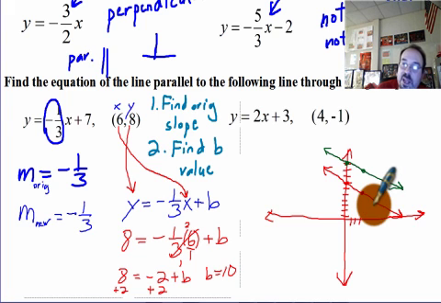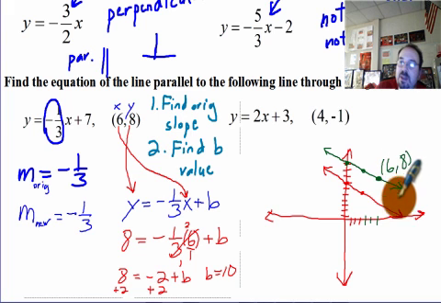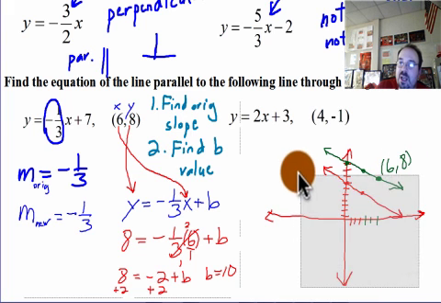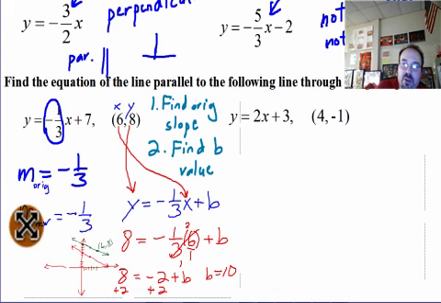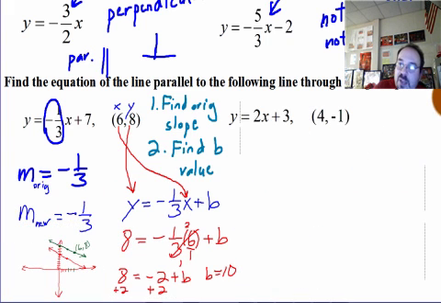Supposedly the point (6, 8) should be on this new line: 1, 2, 3, 4, 5, 6, and 1 through 8. Right there, it looks like the point (6, 8) is on my new line, just like I wanted. So I guess we did it right, and I'm going to shrink this graph down and move it over there so we have room to do the next problem.